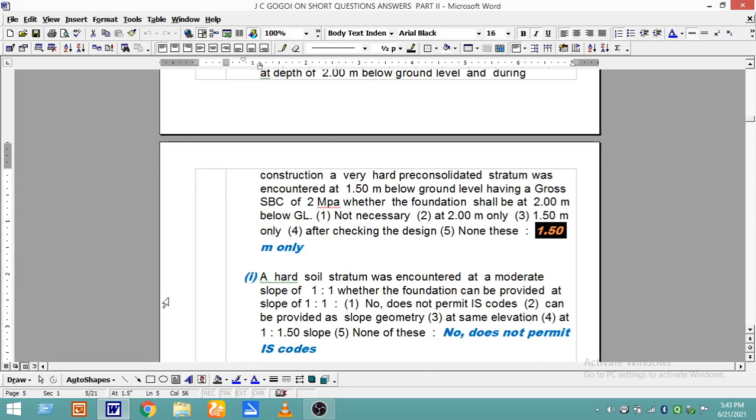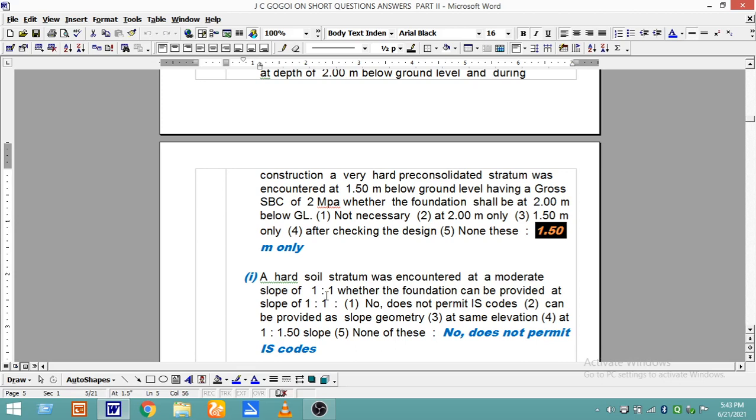Out of this answer, you see, the 1:1 is a 45 degree. It is a very steep slope. There are a lot of complications if we go for the lower level also. In such cases, excavation at upper level will be too high, where earth pressure will be too high.